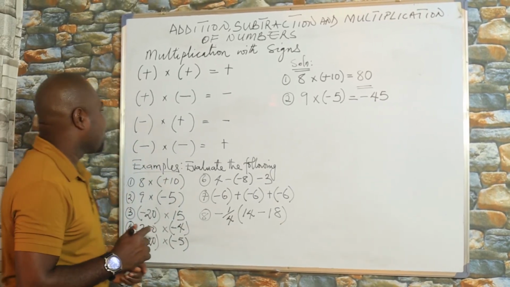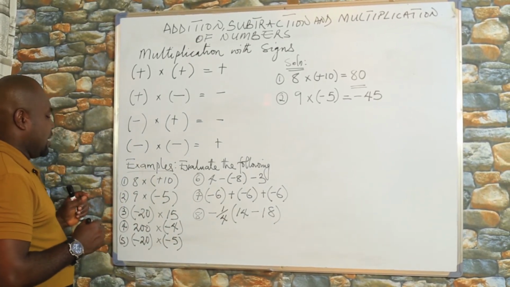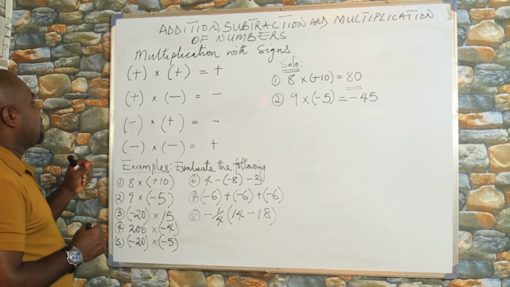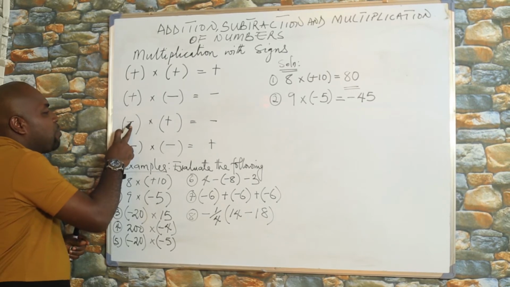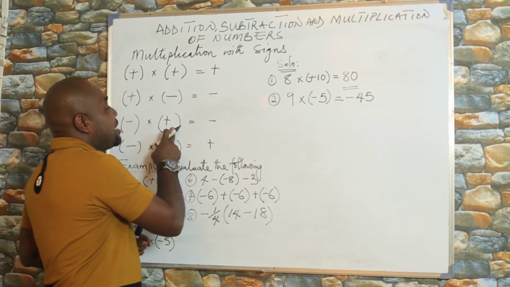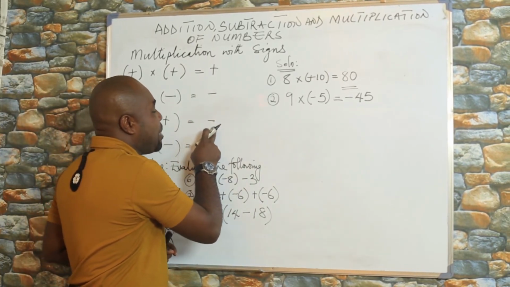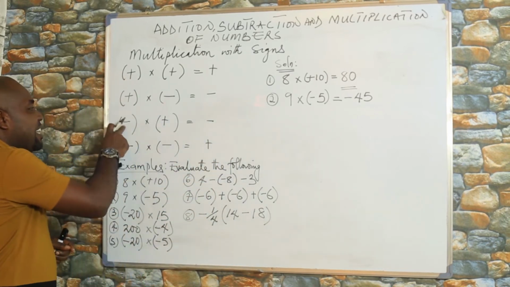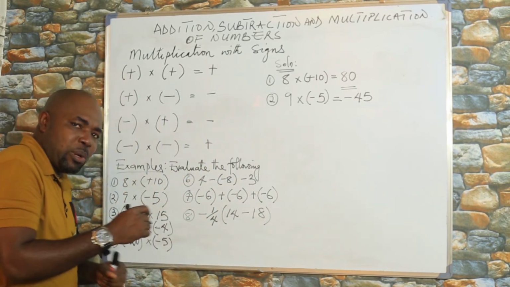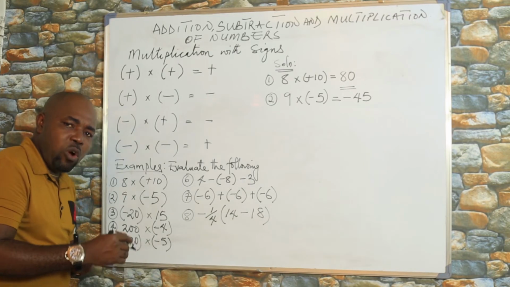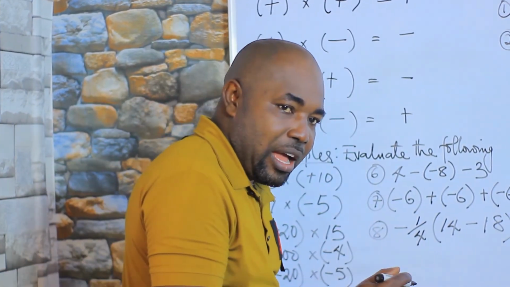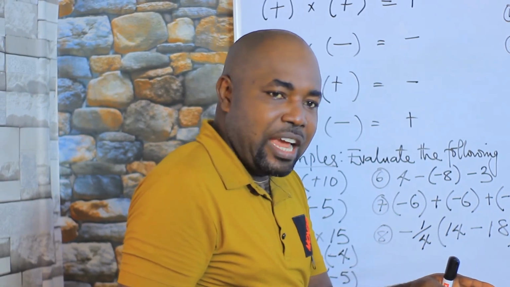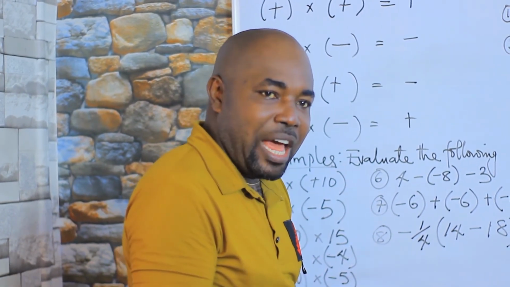Okay? Let us take the third example here, the third rule here. When a negative sign is multiplying a positive sign, the answer will also be in the negative. Negative always overshadows positive. It is always weightier than the positive sign when you are multiplying.